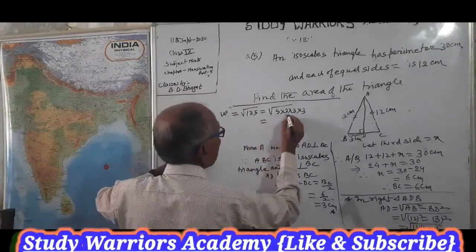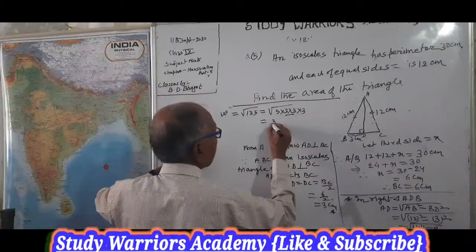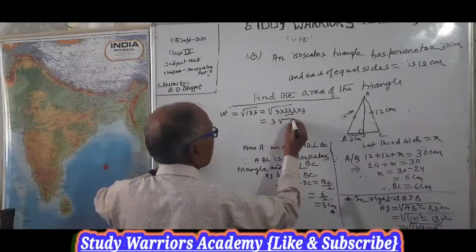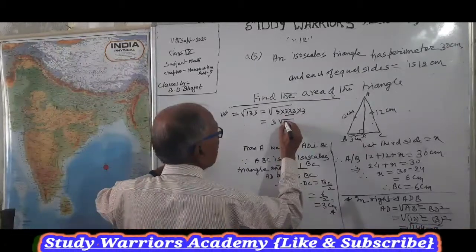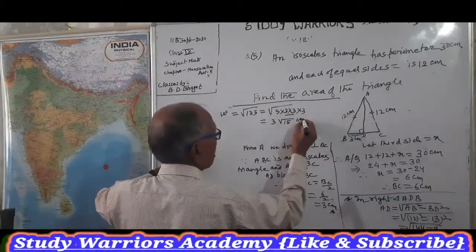Here one pair of 3 is available, so take one 3 out. But 5 and 3 are left, pair is not available, therefore AD is 3 root 15 centimeter.